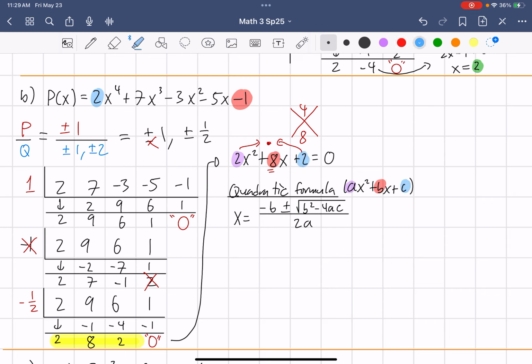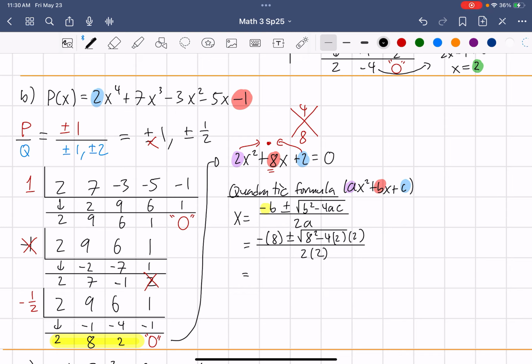So we can plug that in. Don't forget, this negative here is coming from the formula. So it's negative b, and b is 8, plus or minus the square root of b again, 8 squared, minus 4 times a, which is 2, and then c is also 2, all over 2a, which is 2.